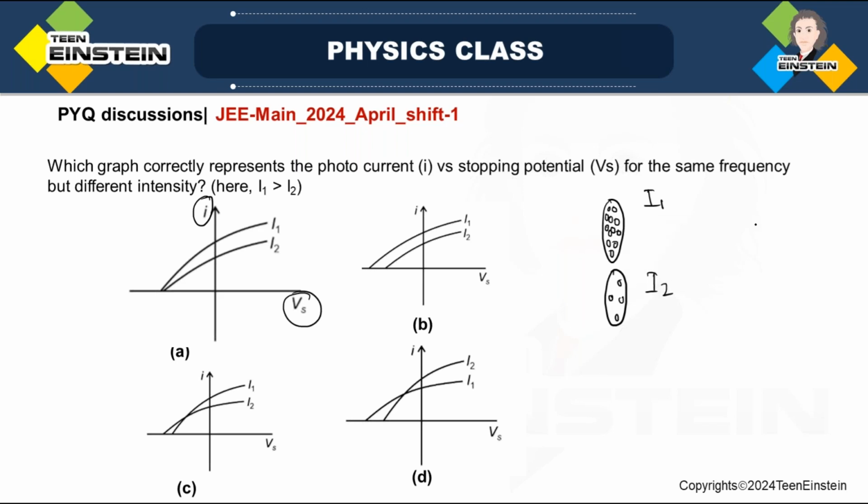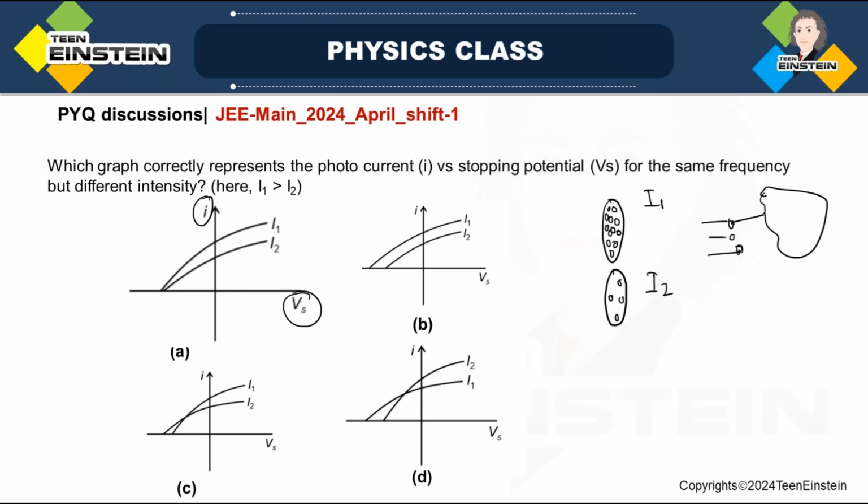According to the quantum theory of the photoelectric effect given by Einstein, when a metal surface is exposed to light, the light has tiny photons, so the light is having particle nature in this case.